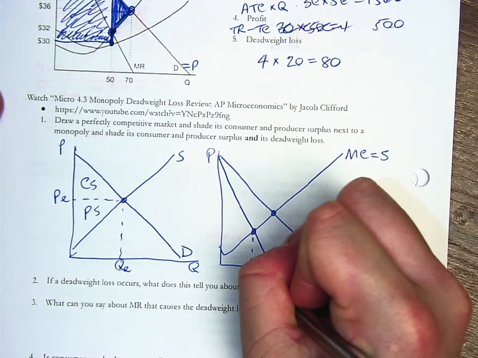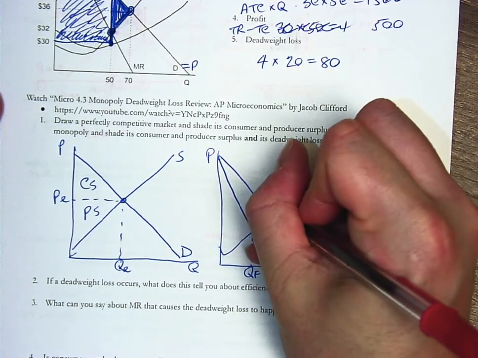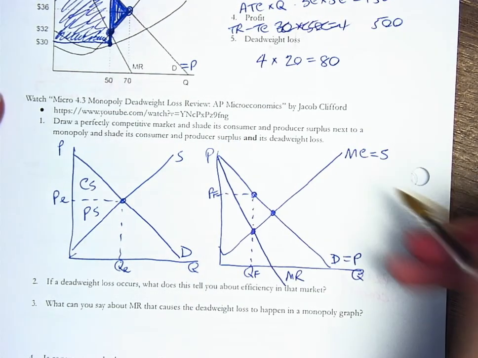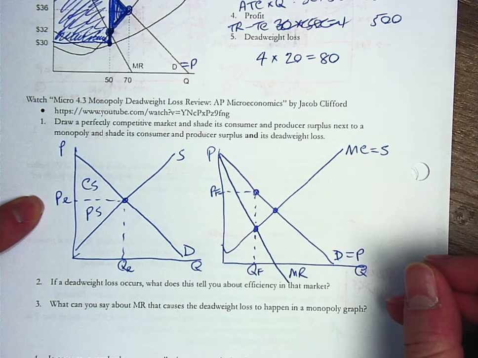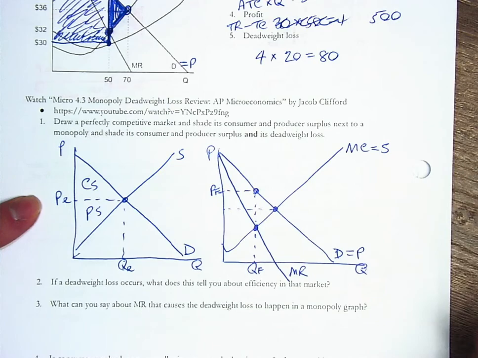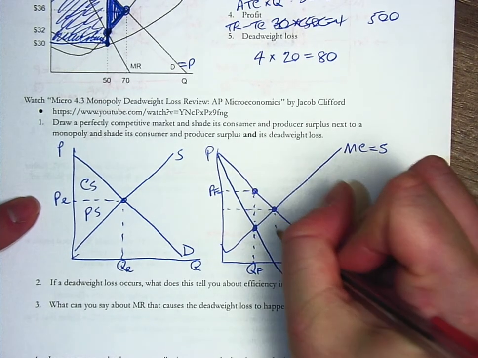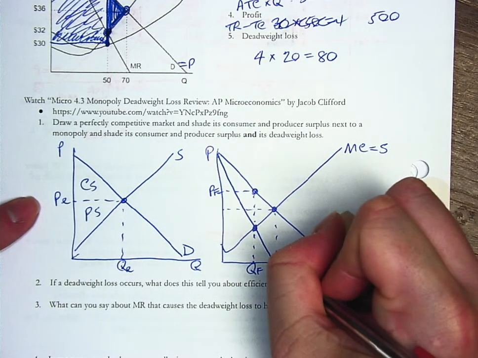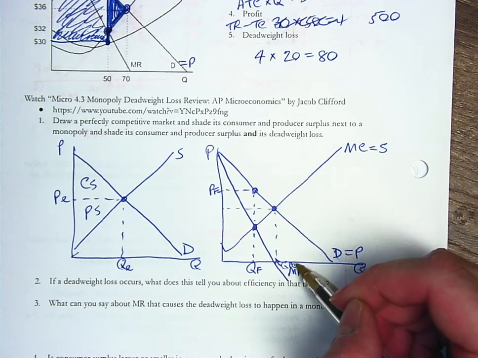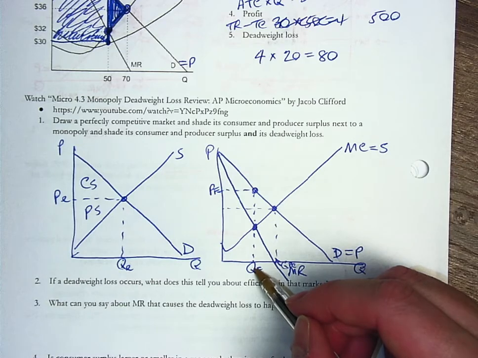So the quantity the firm produces is here, and they price way up here on the demand curve. So the price is going to be higher than it would be in perfect competition, right? It would be here in perfect competition, and the quantity would be larger. That's the quantity in perfect competition. In perfect competition, the quantity would be larger than what the firm is doing in a monopoly.